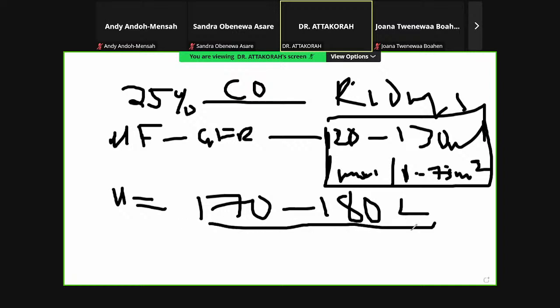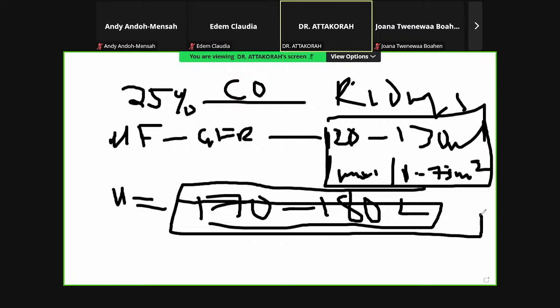So this is the amount of water that should be filtered, 170 to 180 liters per day.